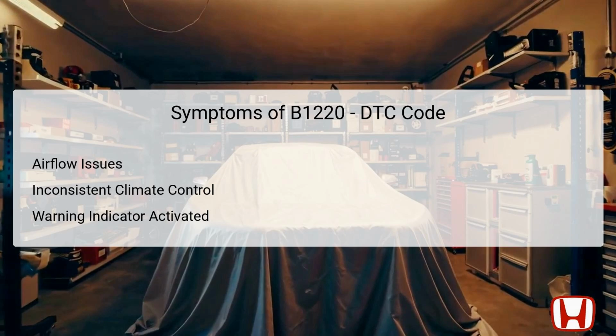Additionally, the warning indicator related to the HVAC system may be illuminated on the dashboard, alerting the driver of a system malfunction. It's important to pay attention to these symptoms, as they can significantly affect driving experience, especially on long journeys or in extreme weather conditions. Diagnosing the underlying cause promptly can prevent further issues and ensure optimal performance of the vehicle's HVAC system.